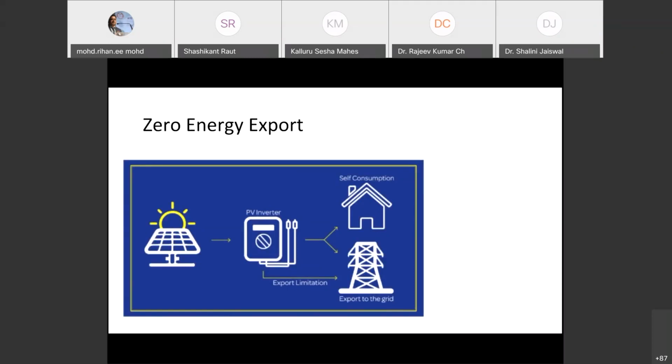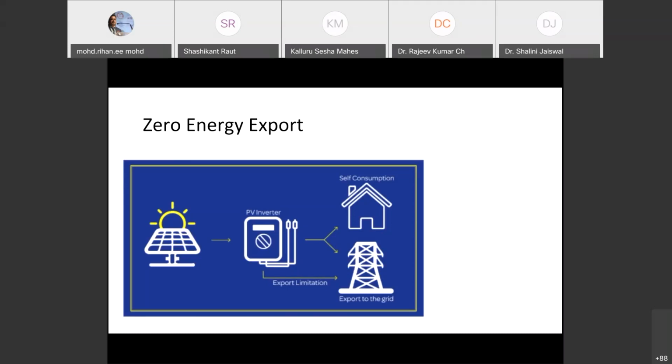Now, solar energy has a variation in generation. It is available during daytime. It is not available during the night time. Then there is variation in load also. For example, in the university, during the summer vacation, most of the hostels are vacant, so the load reduces. During the months of May, the load is very high. During the months of November, the load is relatively very low.